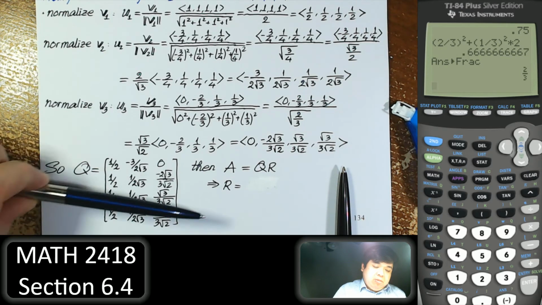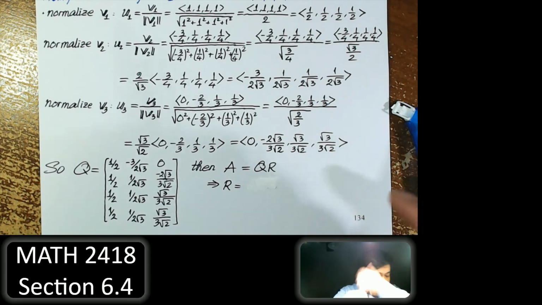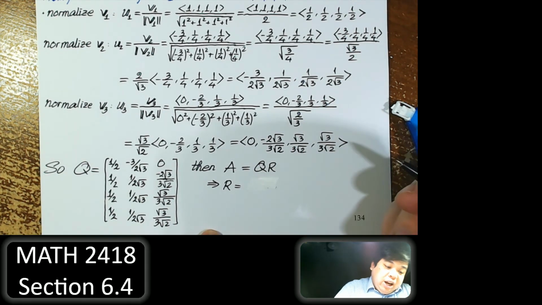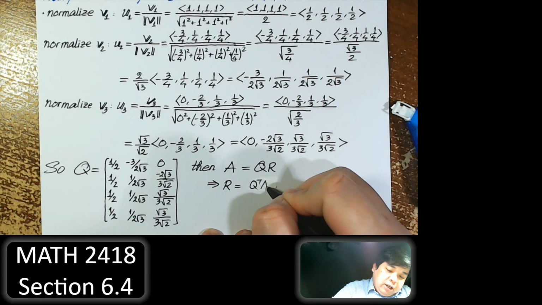So in that case, to find R, we cannot take Q inverse because it doesn't exist. But the nice thing about this is it's going to be Q transpose A.